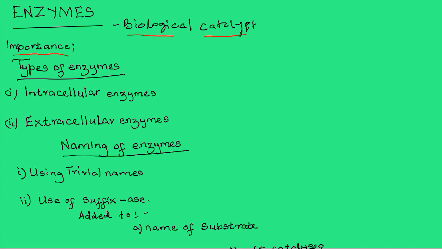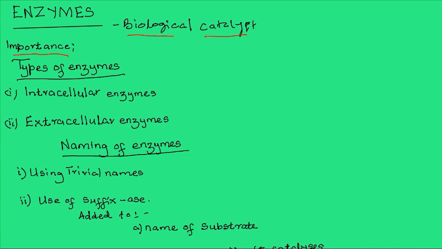Enzymes also control the reactions that are too fast, or reactions that produce large amounts of heat energy, to prevent them from burning and damaging the cells. So without enzymes, there are many reactions in the body that will be too slow to occur at the normal room temperature, or that will be moving too fast, producing so much heat that would end up damaging the cells.